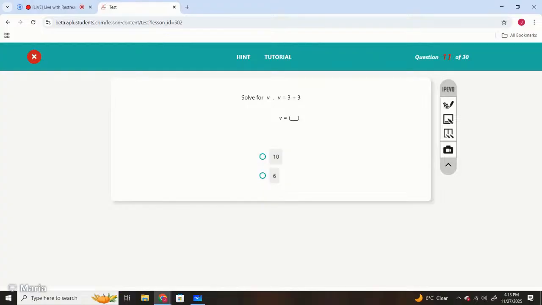So which is the correct option? 3 plus 3 is 6. So option number 2 is the correct option.